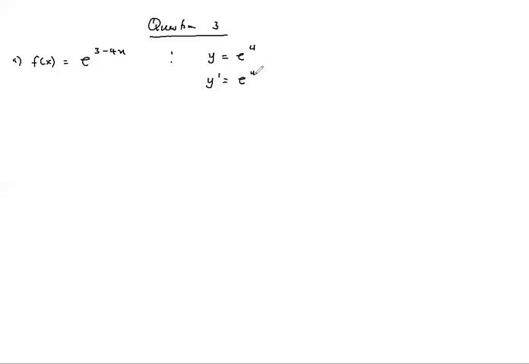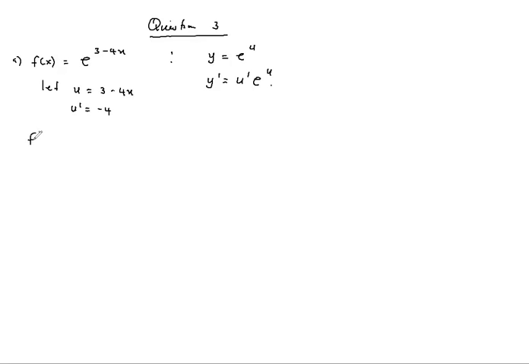Okay? But if u is a function, the derivative y prime, of y, is going to be the derivative of u multiplied by e to the power u. So in this case, you let u be 3 minus 4x, and then differentiate u, you get negative 4.